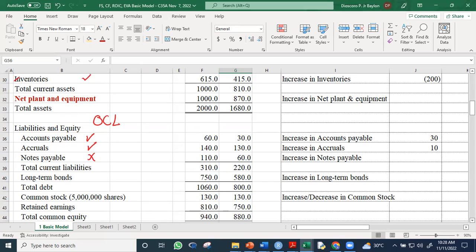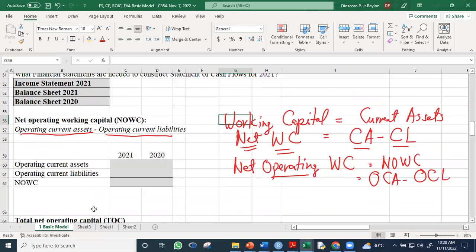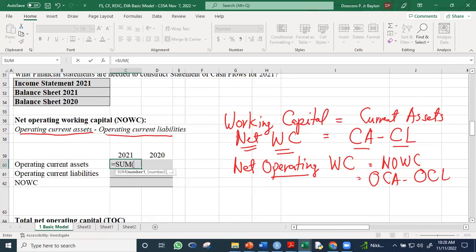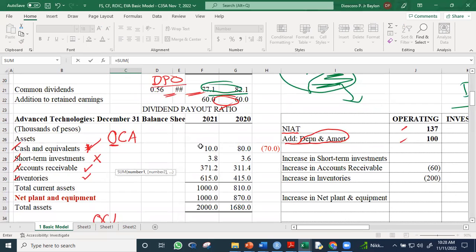Okay, so because we know what the operating current assets and operating current liabilities are, we can now compute for the NOWC. Okay, so our operating current assets is just the sum of, okay, so we have cash, comma, okay, accounts receivable and inventories.